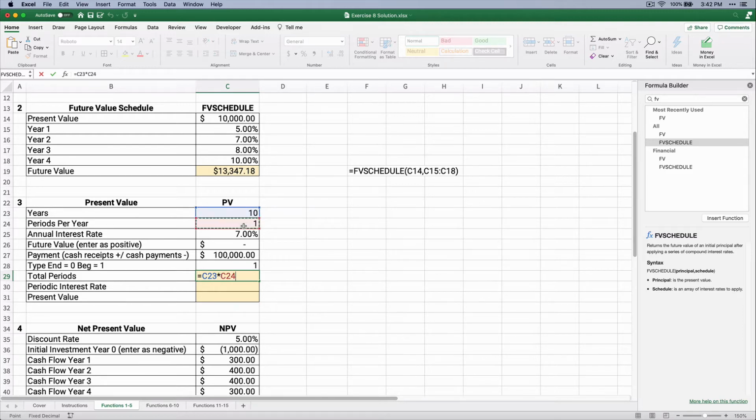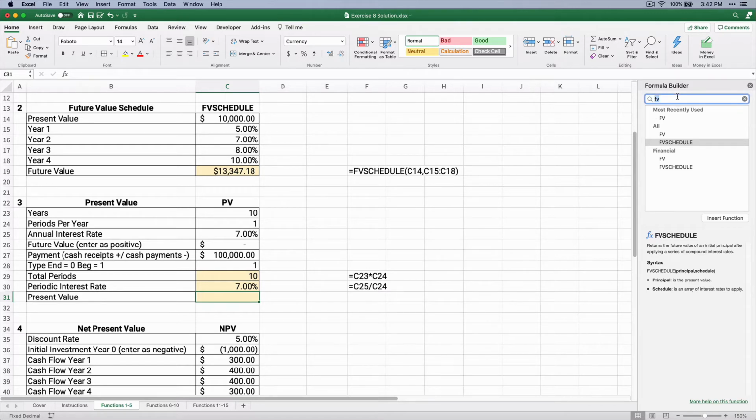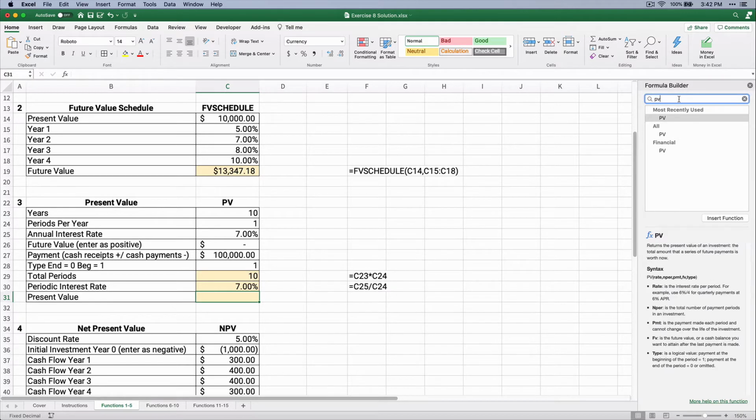So that's 10 periods. The periodic rate is going to be 7% divided by the periods per year. It's not important if it's 1, but it's the principle. We can set this up as a template. We can adjust.